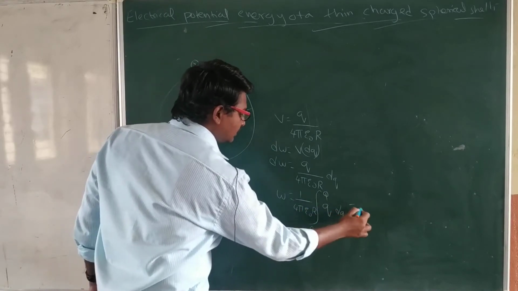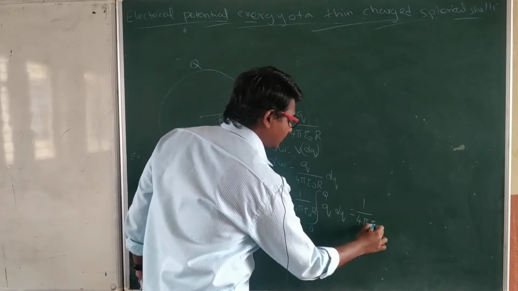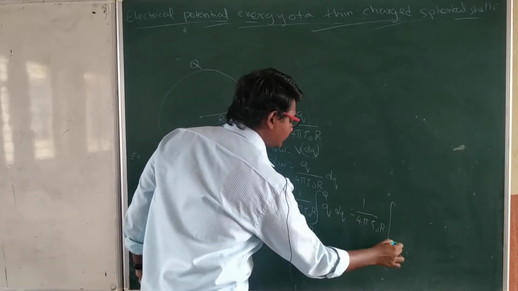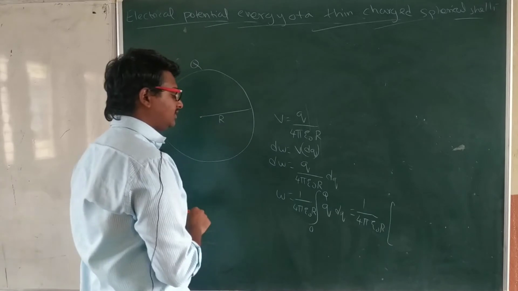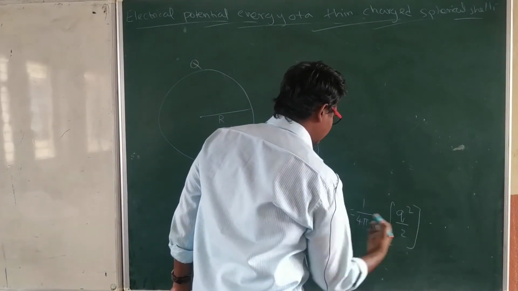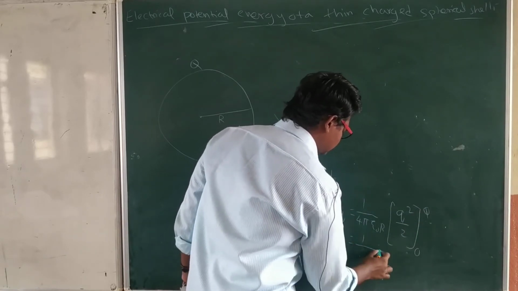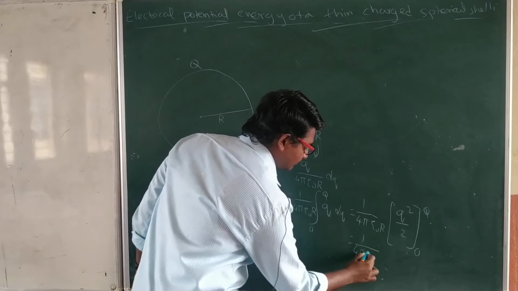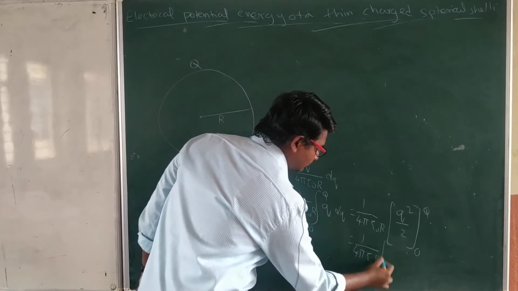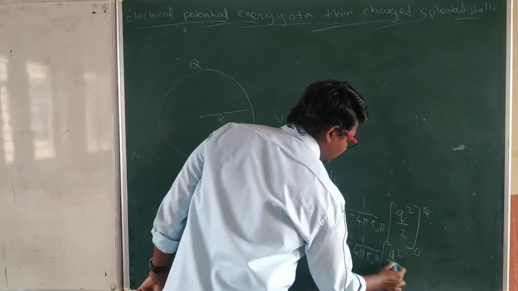Next, the integration of q will be q square by 2, with limits 0 to Q. This equals 1 by 4 pi epsilon naught R into capital Q square by 2.